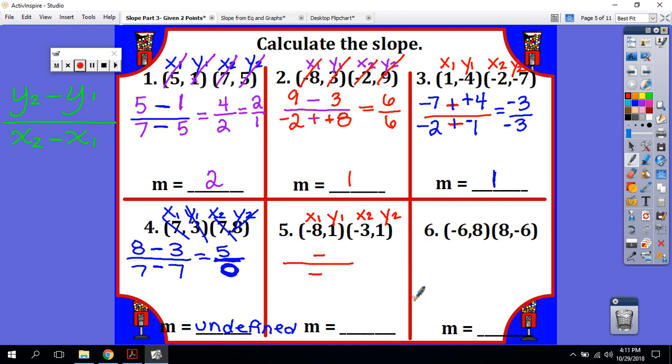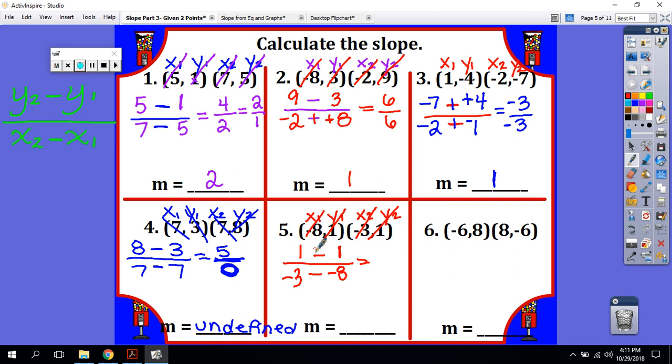All right. Y sub 2 is a positive 1. Y sub 1 is also a positive 1. X sub 2 goes here, so that's negative 3. And x sub 1 is a negative 8, so it goes here.